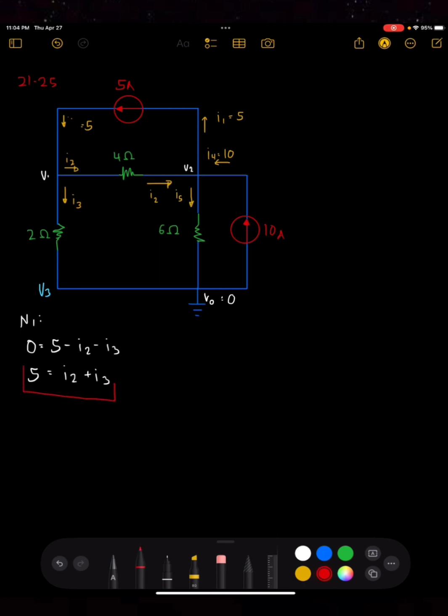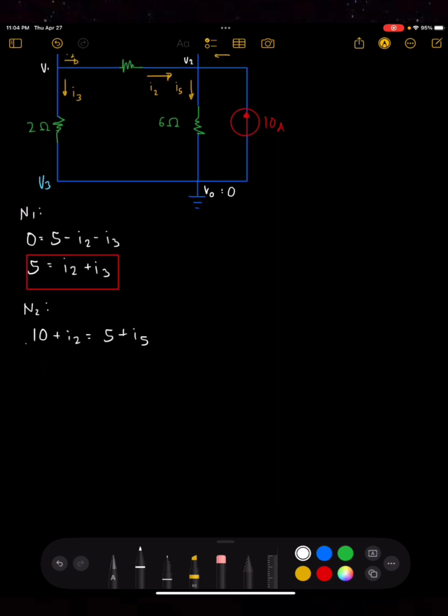So, ito yung node 1. So, for node N2, ang equation natin dito ay 10 plus I2 is equal to 5 plus I5. So, magiging 10 minus 5 is equal to 5 is equal to I5 minus I2.